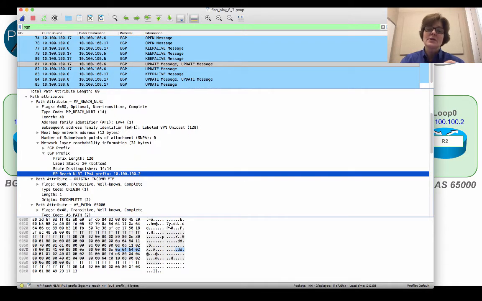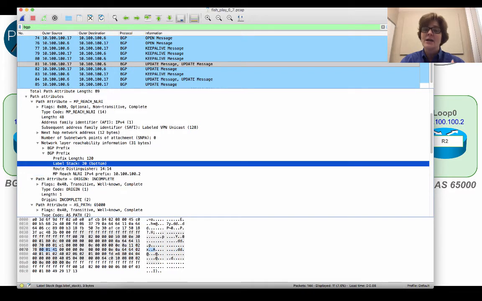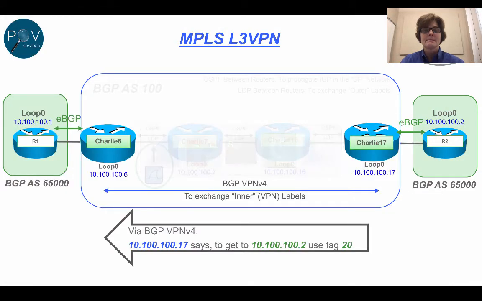And if Charlie6 would like to get there, it should send a tag of 20. So what we see is exactly what I said here. In line 81 of the sniffer trace, you can find Charlie17 telling Charlie6 that if Charlie6 would like to get to this VPN v4 customer A environment, it needs a tag of 20. So let me ask you a question.